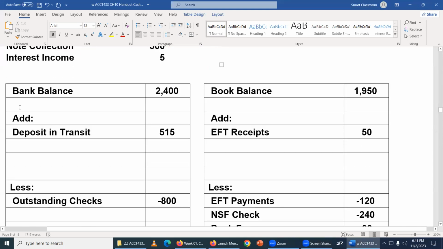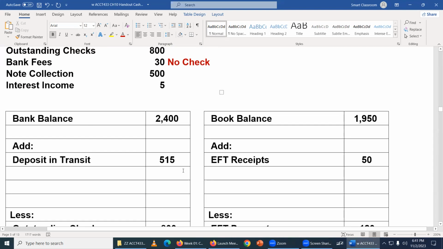So whose side are we going to? Book balance as an addition. Note collection 500. And interest income, you're probably going to find that on the bank statement also. Book balance.